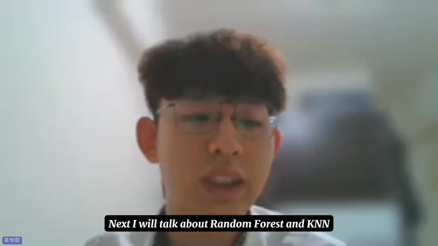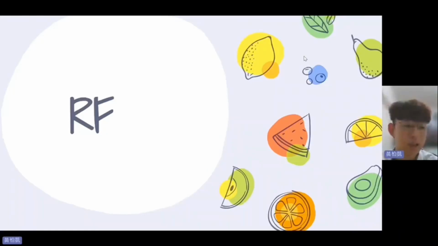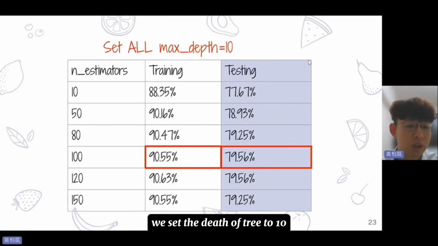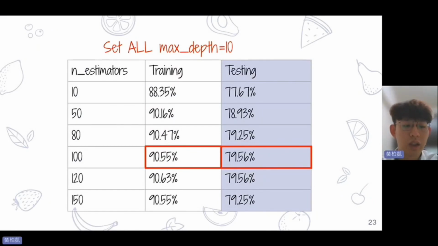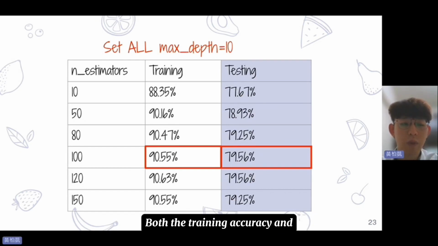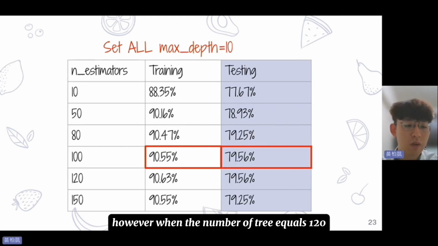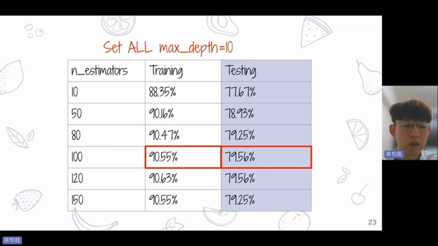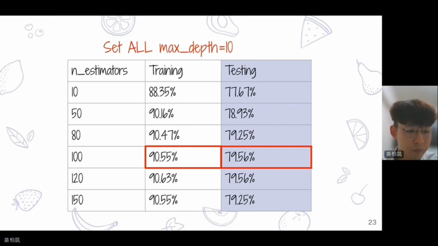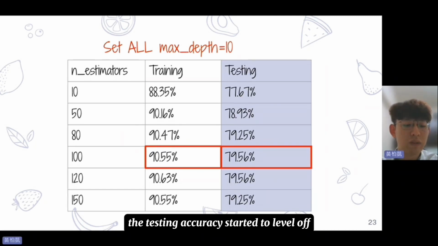Next, I will talk about random forest and KNN. First, in random forest, we set the depth of a tree to 10. We observe that as the number of trees increases from 10 to 100, both the training accuracy and testing accuracy gradually improve. However, when the number of trees equals 120, although the training accuracy improves slightly, the testing accuracy starts to level off.